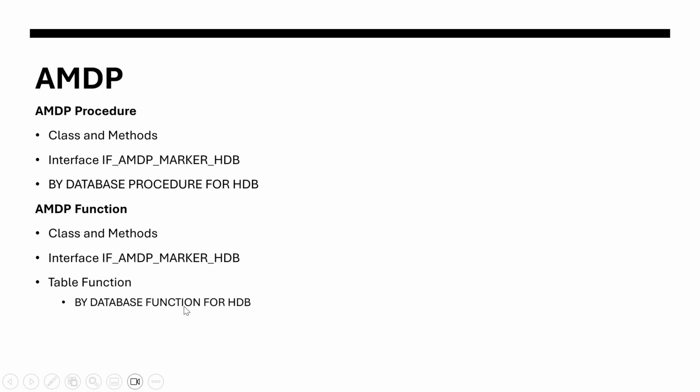This is one of the major differences between the AMDP procedure and the AMDP function. We have some other differences also. While deep diving, we will discuss that with AMDP procedures we can write and modify, all those operations, but in terms of functions you cannot do that. It will always be read only.